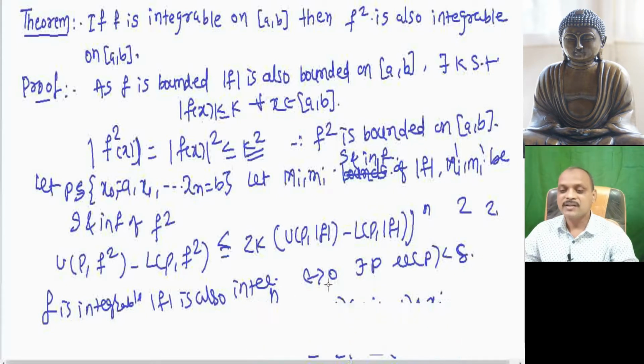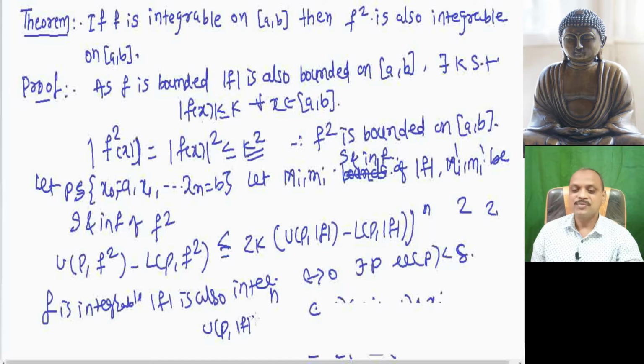Here we take this value: U(P, mod f) minus L(P, mod f) is less than epsilon divided by 2k.